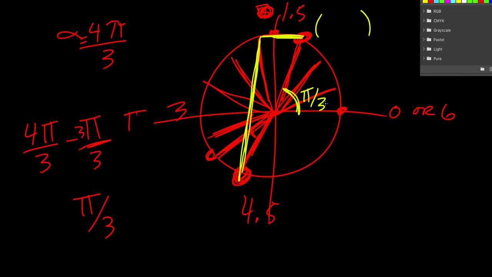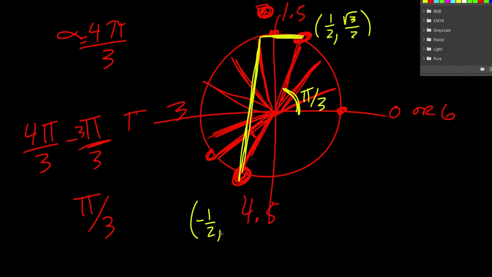And so if we remember that from the unit circle, or you can look in your book, that third rotation is 1/2 comma square root of 3 over 2. And so when we go here to here, it's going to have the same values because of the symmetry. Or I guess we could just also look in the book.